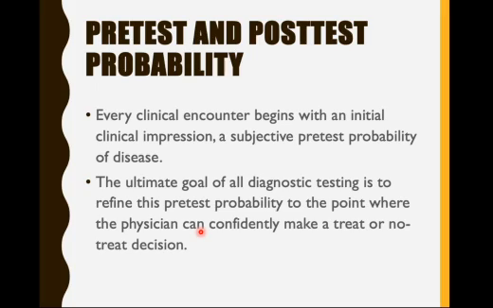Meaning, after you get the results of the diagnostic testing, you refine that pre-test probability to the point where either you treat if the laboratory results show positive findings, or you don't treat if it shows negative findings. And so you refine that pre-test probability.